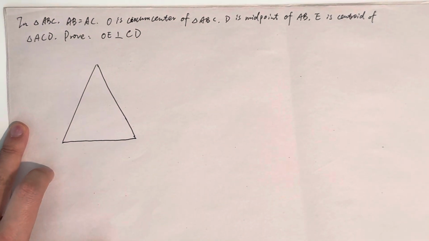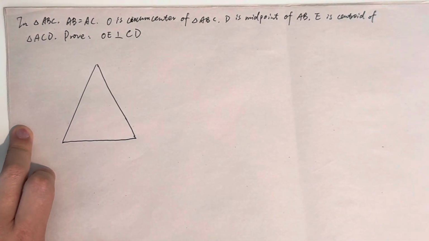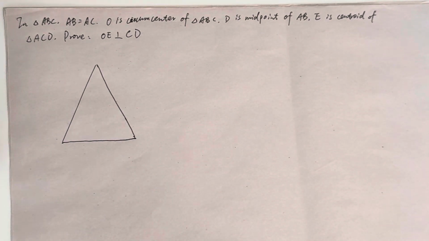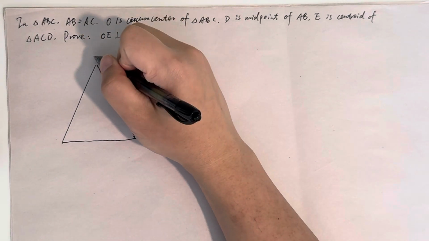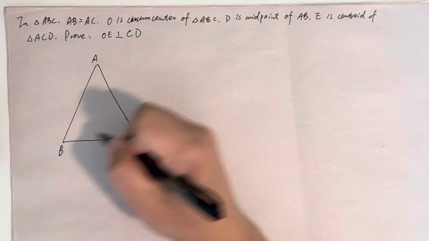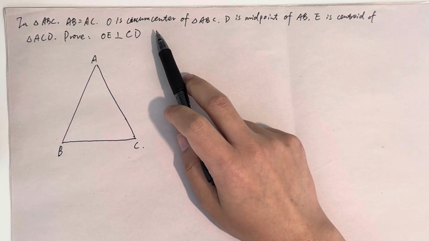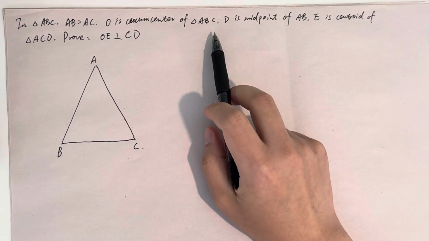For this problem, I want to introduce you to a way of thinking about geometry. When we read one part of the problem, we try to find everything we can, and then we read the next part. So here we have the triangle ABC, and we know that O is the circumcenter of triangle ABC.